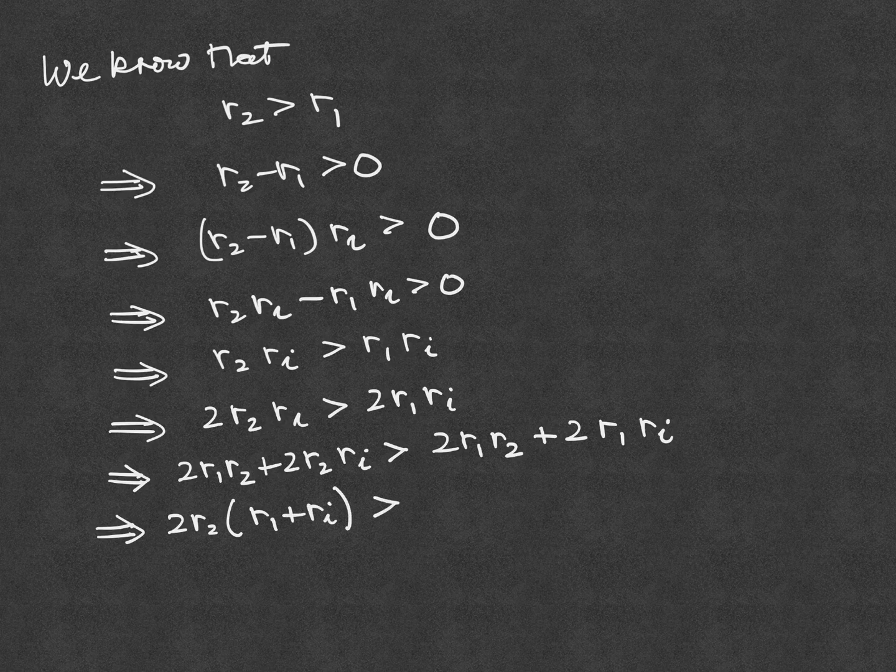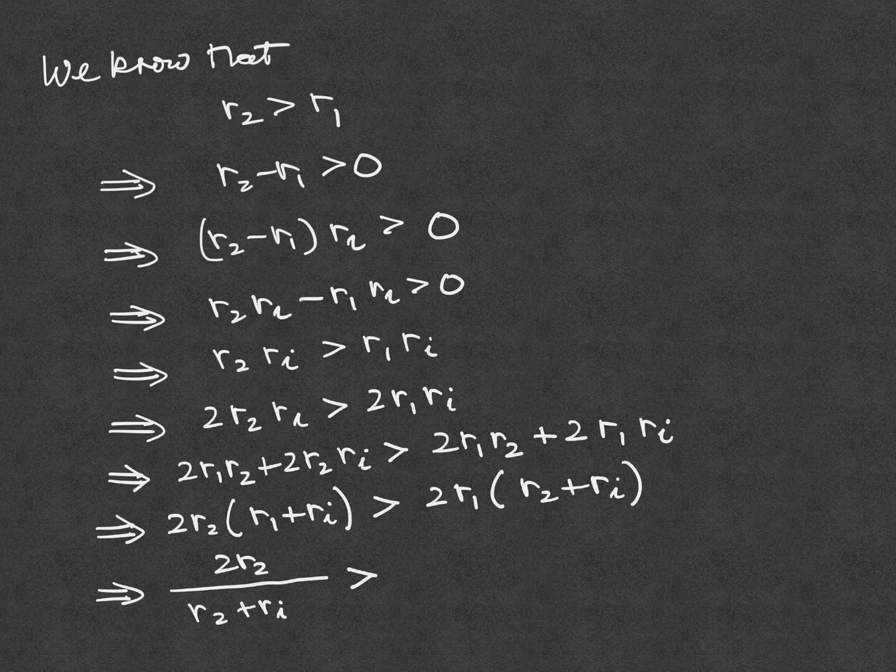And on the right-hand side, I'm going to factor out a 2R1, which gives 2R1 times R2 plus Ri. Now I can rearrange these expressions as follows. I can divide by R2 plus Ri and R1 plus Ri, and I wind up with the following result: 2R2 all divided by R2 plus Ri has to be bigger than 2R1 all divided by R1 plus Ri.